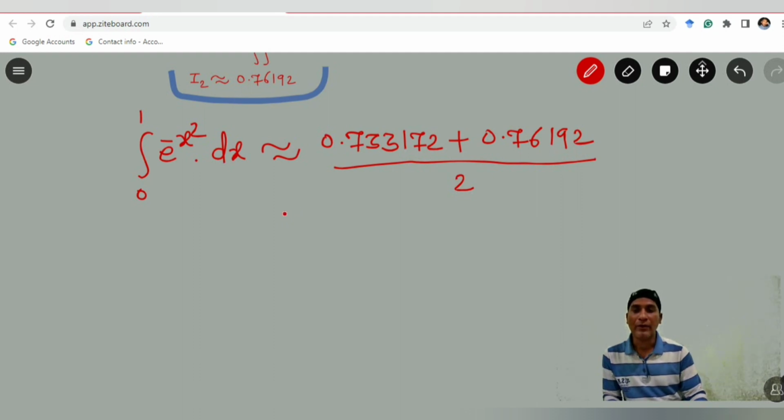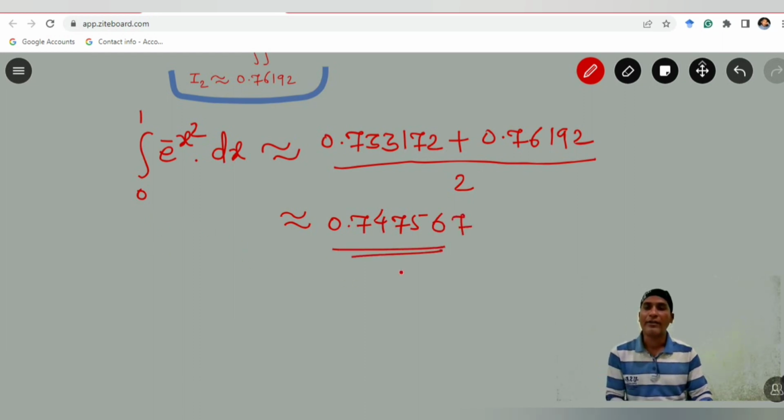Then doing this simple calculation, we get 0.747567.